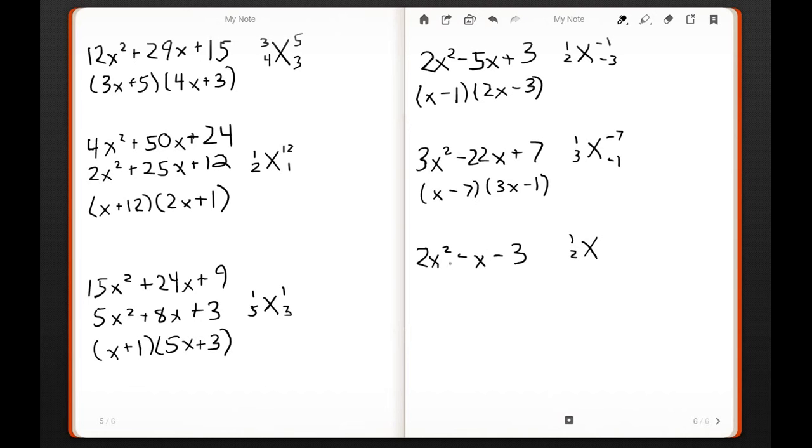That's good, because we need them to be 1 apart, so that when we add them, we'll get to negative 1. In order to make sure it's a negative 1, we need the 3. Multiplying across, we need the 3 to be negative and the 2 to be positive. So that means we're going to put a negative 3 here and a positive 1 here.